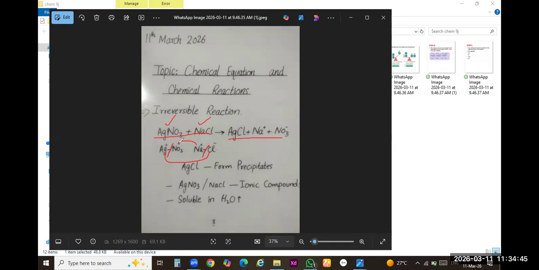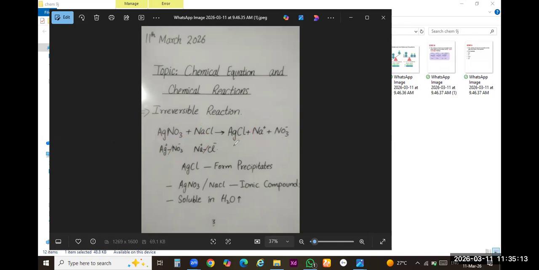So the new compound which will form as a result of this irreversible reaction is silver chloride, sodium ion, nitrate ion. Additionally, I told you the new compound which will form in the second step will be sodium nitrate. Additionally I am telling you, otherwise it is not included in your syllabus.